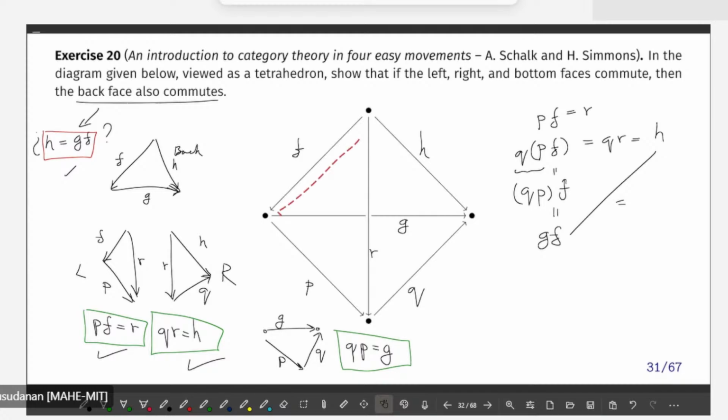The only other thing you can change is this part. This part now becomes this single arrow by the commutativity of the left side. So you have Q after R; even without naming it, you can see it.